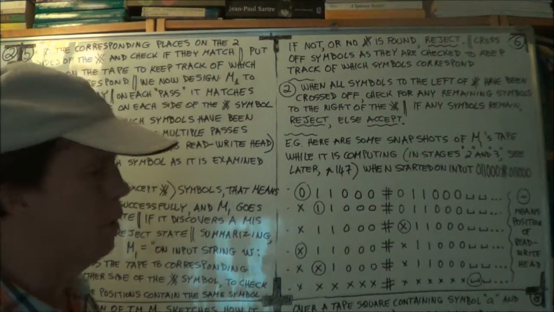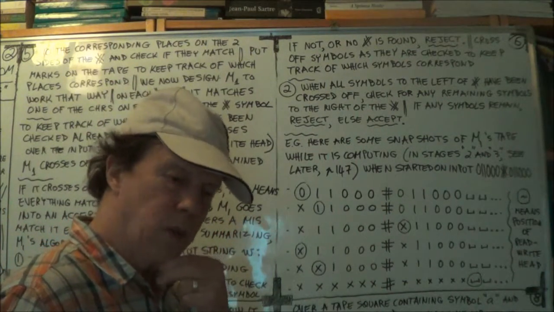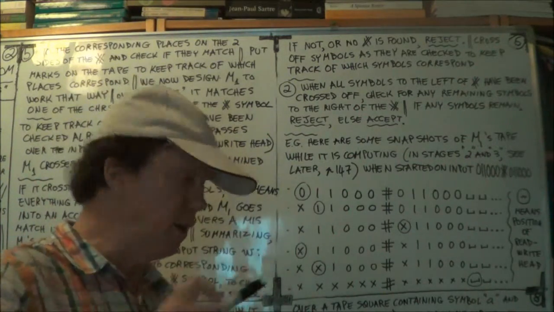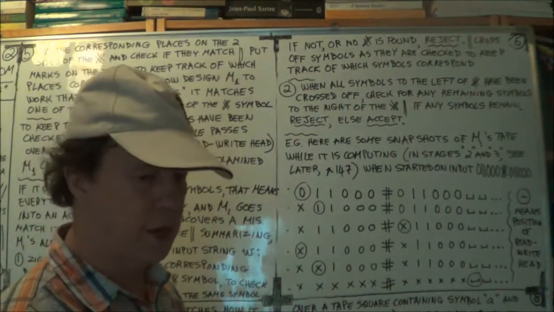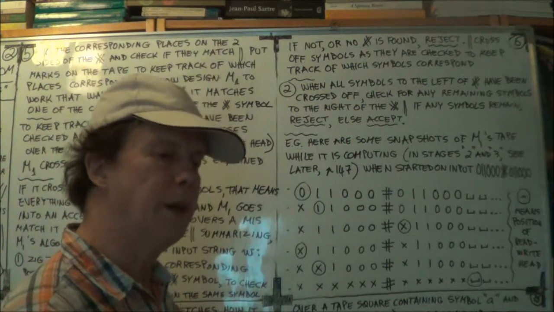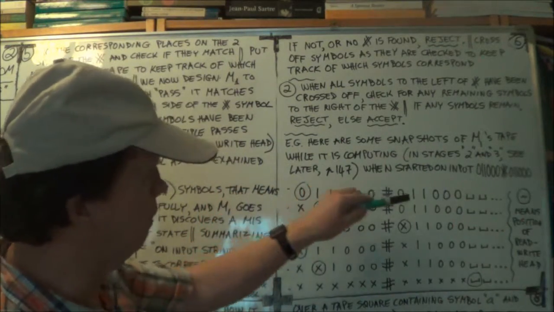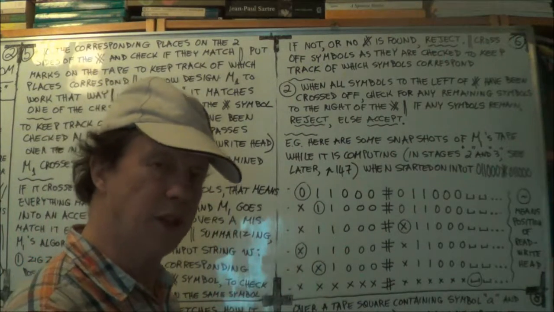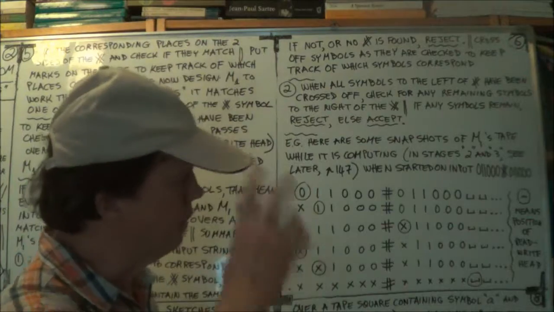Imagine you had a movie, and each frame in the movie was one move by the Turing machine. So you go from frame to frame, and at each frame you would see the result of one move by the Turing machine. Now this is not consecutive moves, it's just a sampling, but a critical sampling, because you get a feel, hopefully, for what the machine is doing with this task.